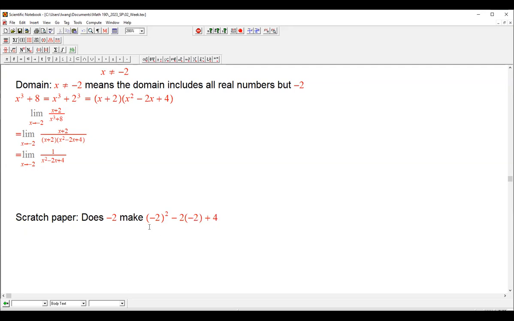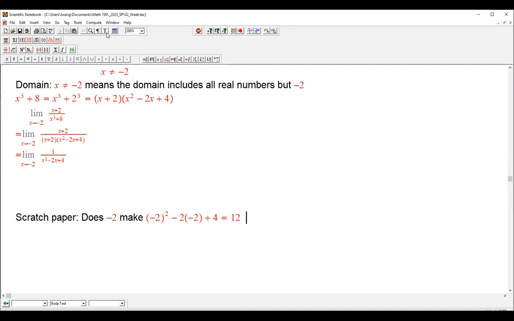Now, when we substitute x by -2, we get -2 squared minus 2 times -2. Here we get 4, and we get another positive 4, and we get 12. It's not 0. So this demonstrates that what?